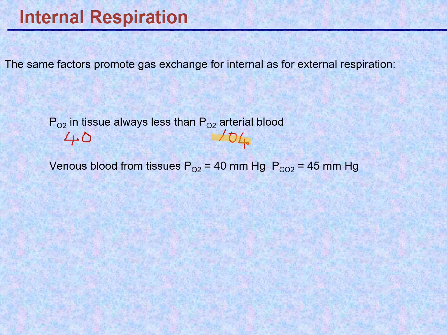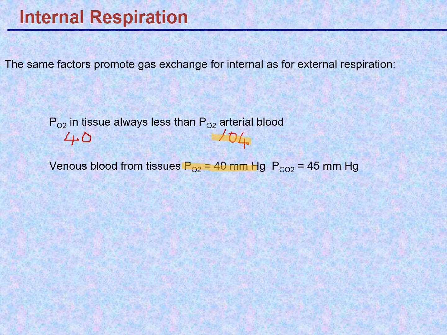Oxygen was dumped from the arterial blood into the tissues, and therefore the venous blood now will be at 40. But there was uptake of CO2 from the tissues into the blood. The PCO2 of the blood coming in, the arteriolar blood, was 40 and now goes up to 45.